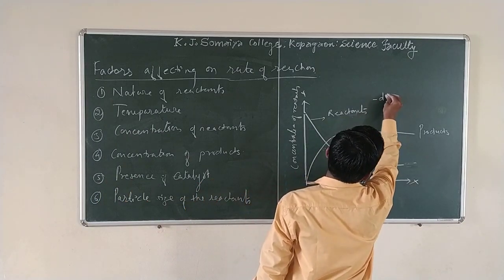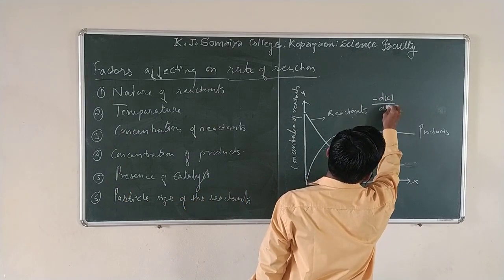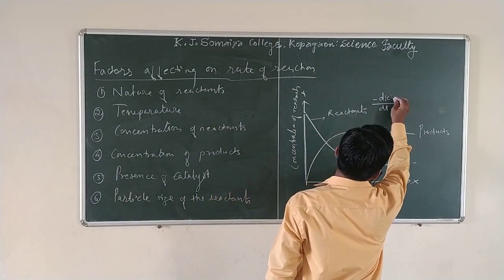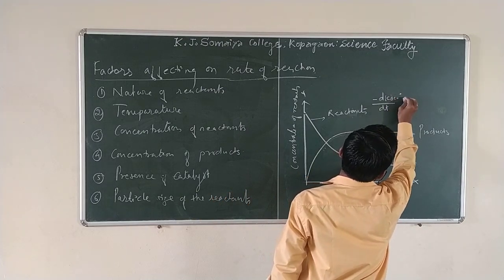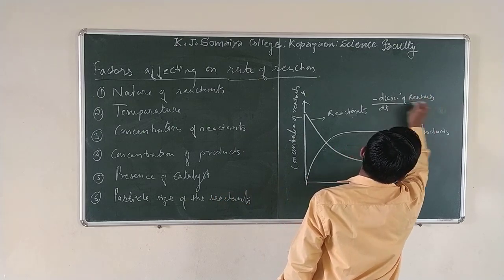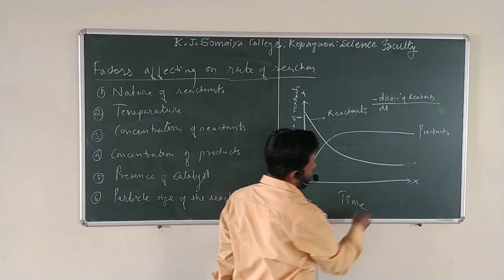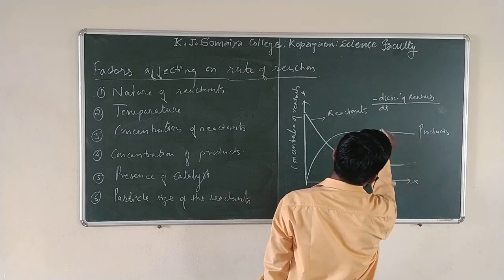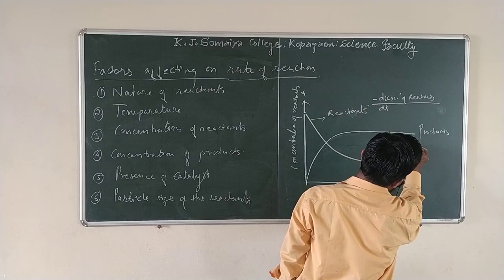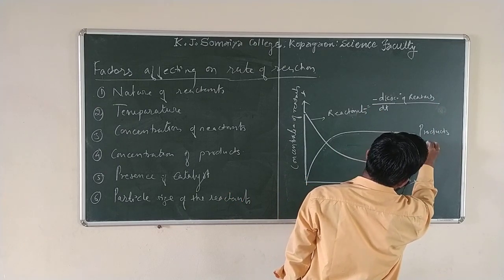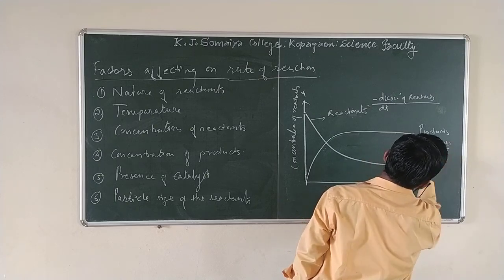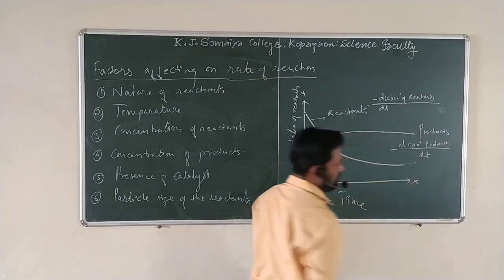With this, we can say that the concentration of the reactants decreases with respect to time. At the same time, the concentration of the product increases with respect to time.